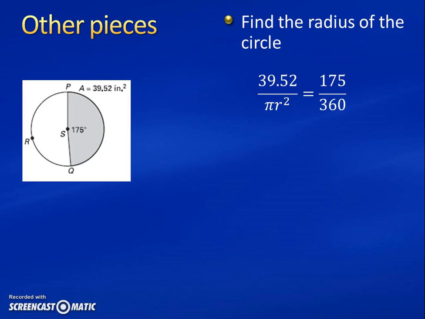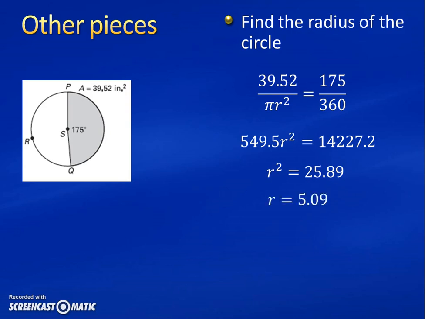We're going to solve for r in this question. We're still going to cross multiply, and we get 549.5 r squared equals 14,227.2. We're going to divide by 549.5, and so we get r squared equals 25.89. We're going to take the square root to find r. So r equals 5.09. Okay, so that's how we find the radius of the circle.